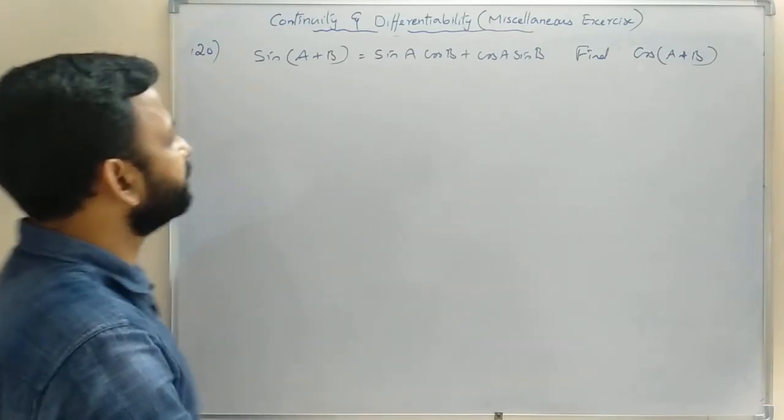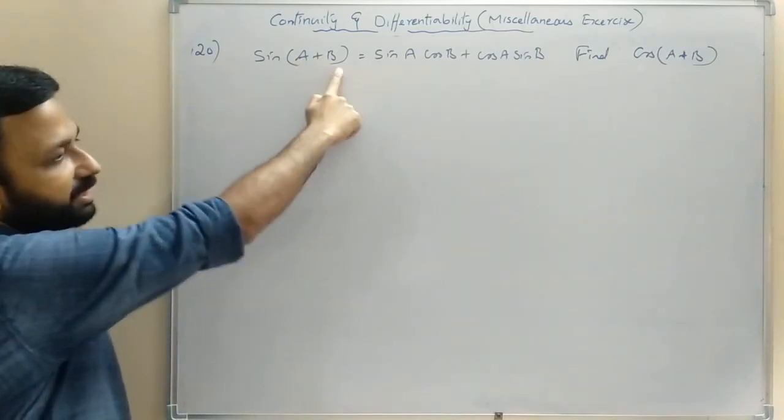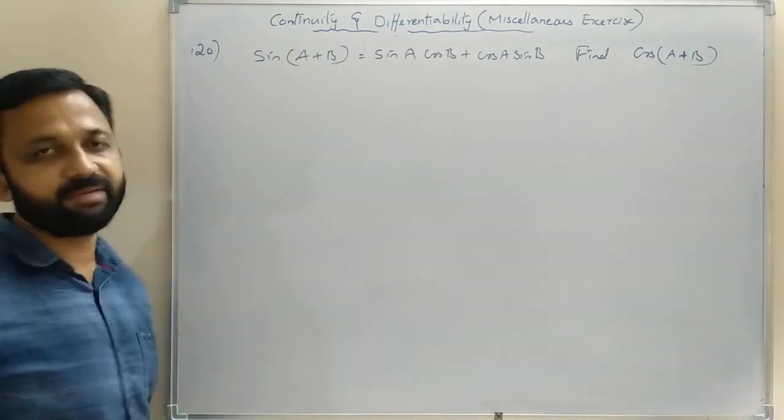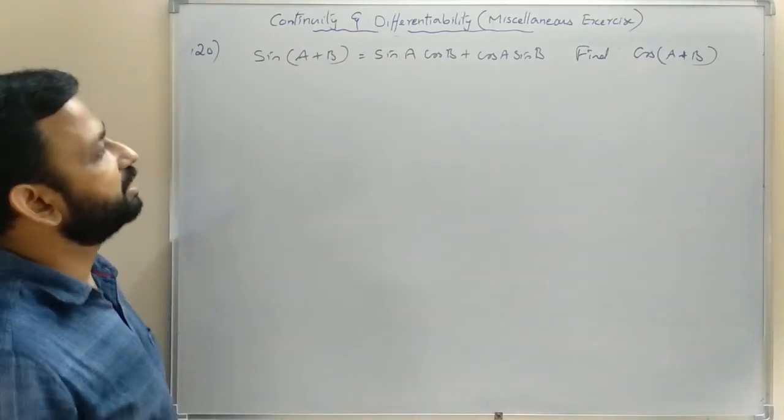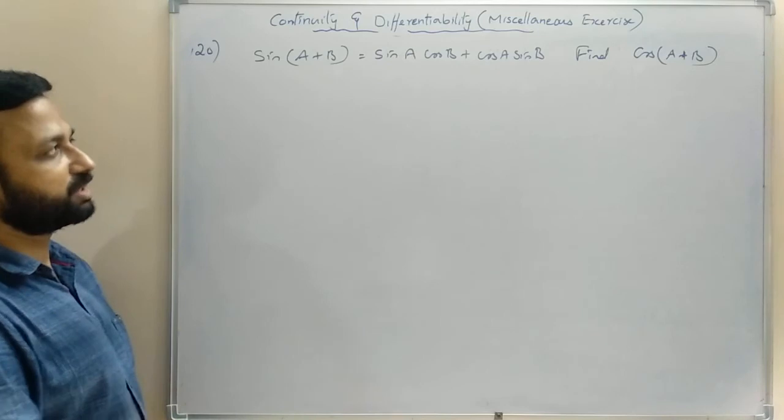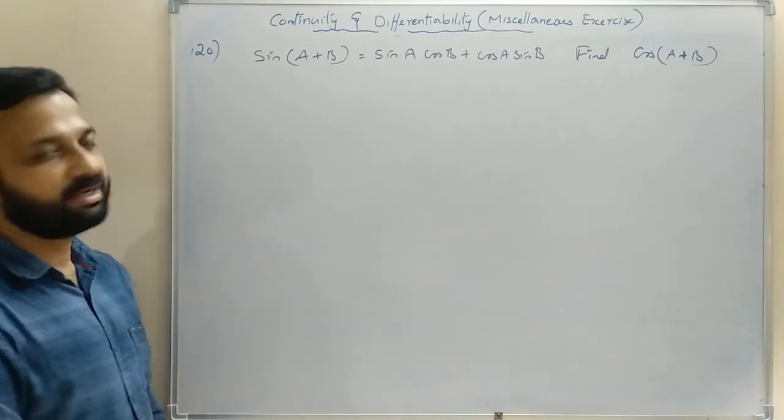Here we have two angles, A and B, so they are the variables. Two variables are there, so we can take one of them as a constant and the other as a variable.